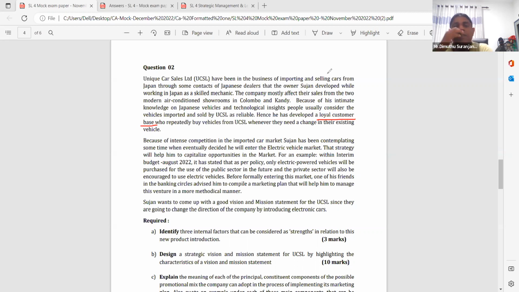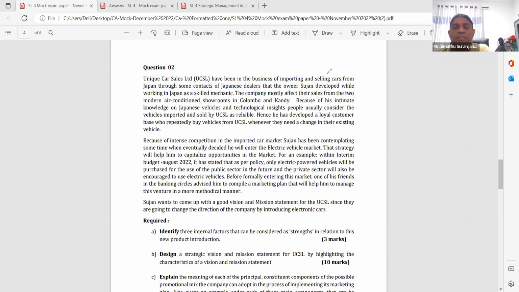Because of intense competition in the import car market, Sujan has been contemplating for some time, and eventually decided he will enter the electrical vehicle market. He wants to go to a new marketplace, that is the electrical vehicle market. The study will help him to capitalize on opportunities in the market.